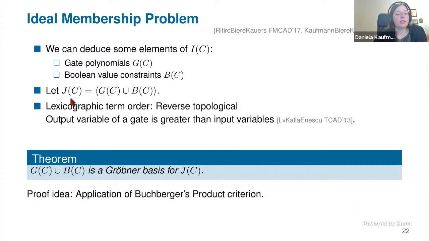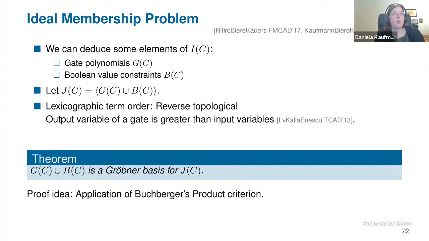So let us now generate a second ideal, which we call J of C, and this is the ideal that is generated only by the gate polynomials and the Boolean value constraints. And because we now choose this specific term ordering, namely that the output variable of a gate is always greater than the input variables, the following can be shown for J of C: the gate polynomials and the Boolean value constraints are already a Gröbner basis for the second ideal.